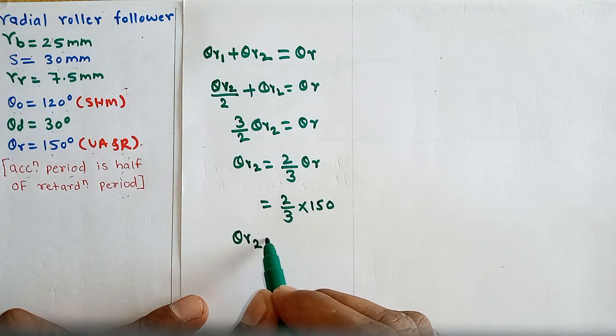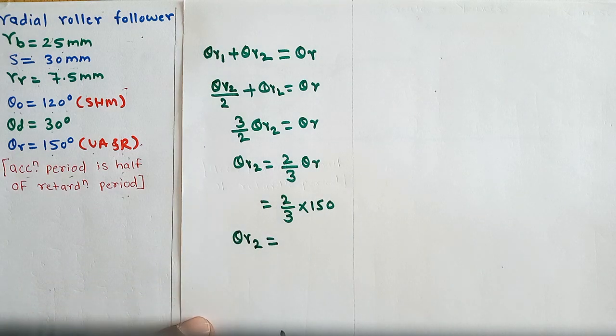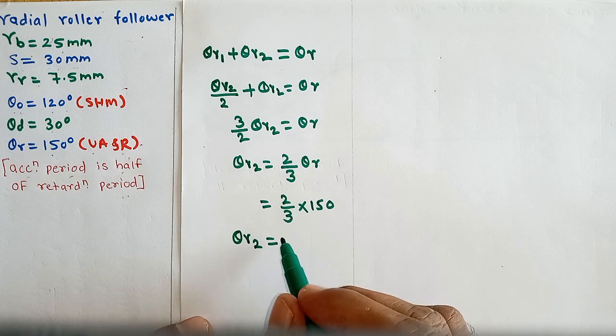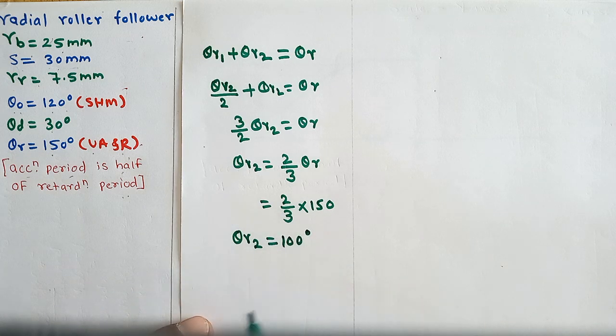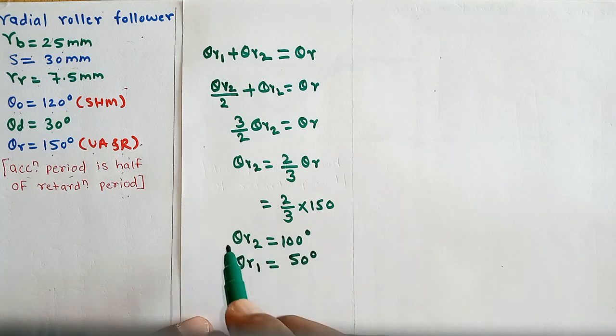So theta r2, the angle turned by the cam during the period when the follower retards, is 100 degrees. Total angle is 150. So the angle turned by the cam during the acceleration period is 50 degrees.